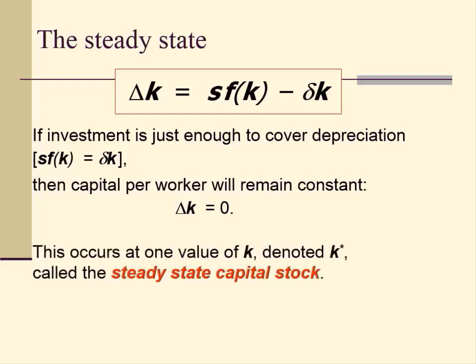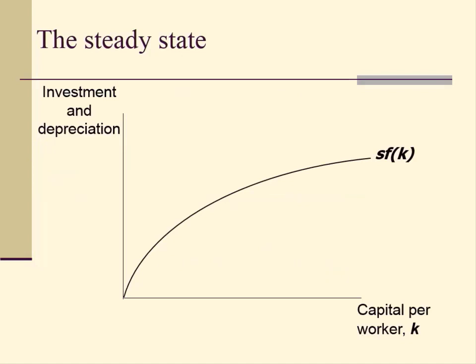And this occurs at one value of k, denoted k star, called the steady state capital stock per worker. This is an equilibrium concept. And this is the plot of the steady state. That is, you draw both s times f of k and delta k, and where they cross is the point where capital stock per worker is not changing, the so-called steady state, at k star.